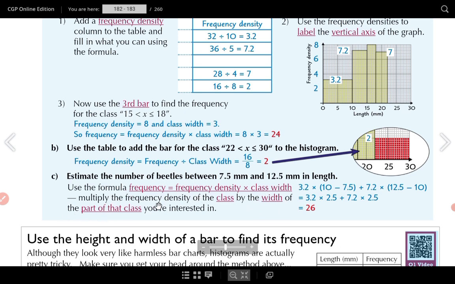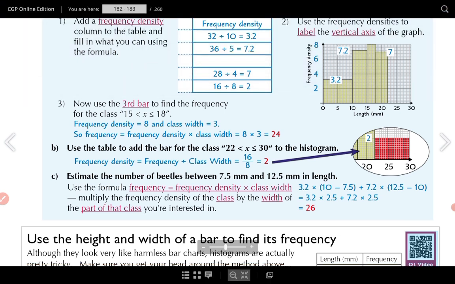So starting from this, this is the frequency density, then what you're interested in is 7.5 to 12.5. So 10 minus 7.5 and 12.5 minus 10, this is what you get, and you just multiply everything. You would have estimated the number actually.